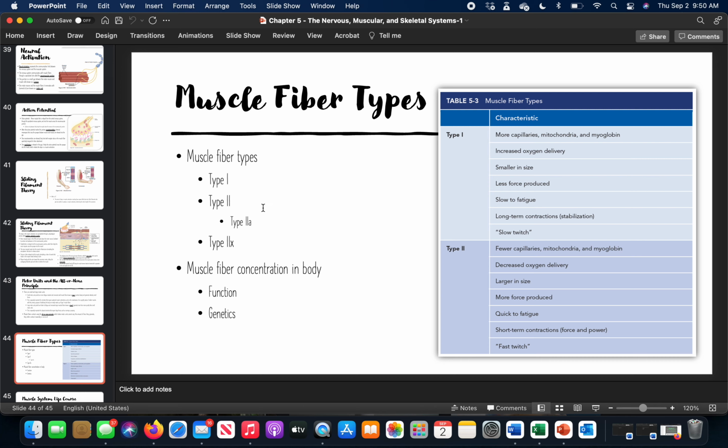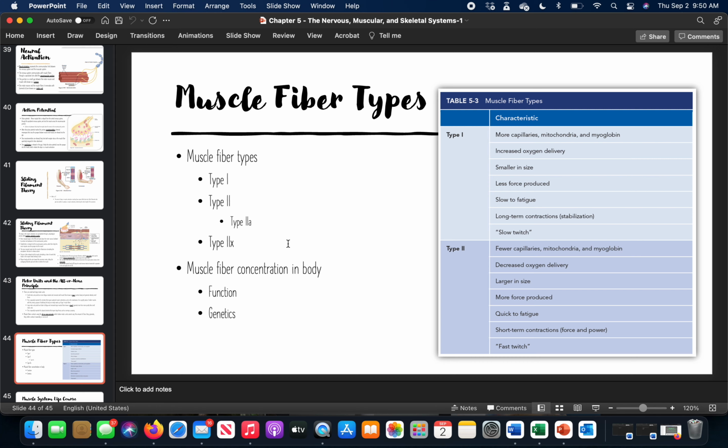Now, type 2 is broken up into type 2A and type 2X, but there are also other ones; those are the major ones. Type 2X, and the X really means explosive. It's your true, hard, forceful muscle fiber, whereas type 2A is more of a hybrid.